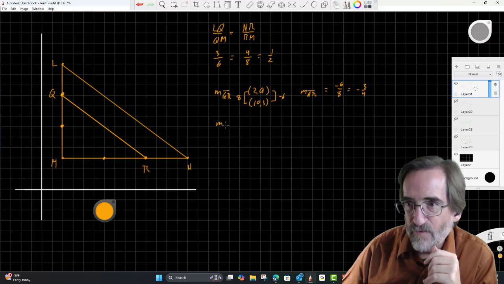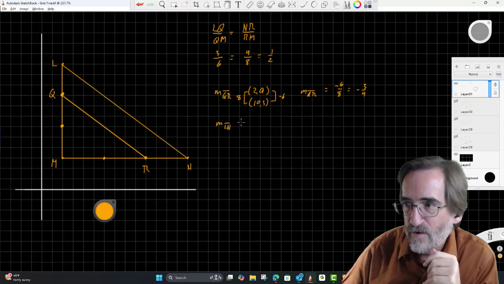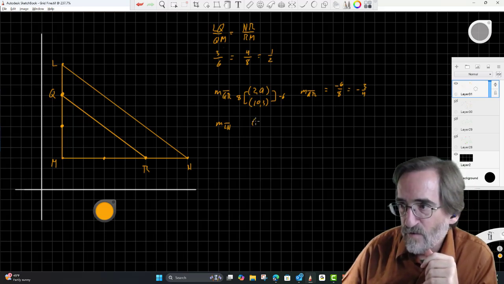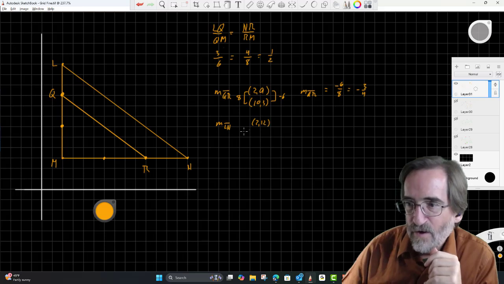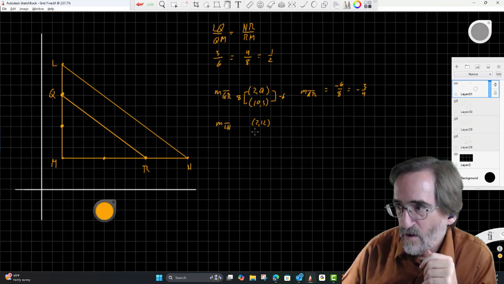Now for the slope of LN. Slope of LN. L is 2 and 2, 4, 6, 8, 10, 12. So 2 and 12. And N is 2, 4, 6, 8, 10, 12, 14, and 3. 14 and 3.